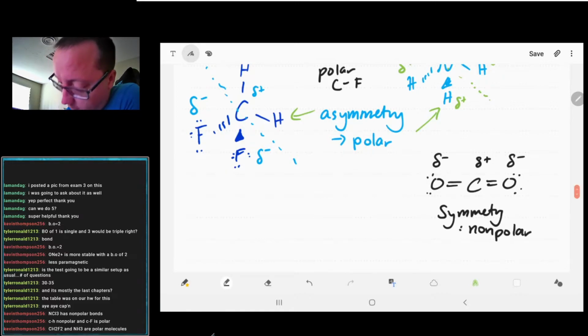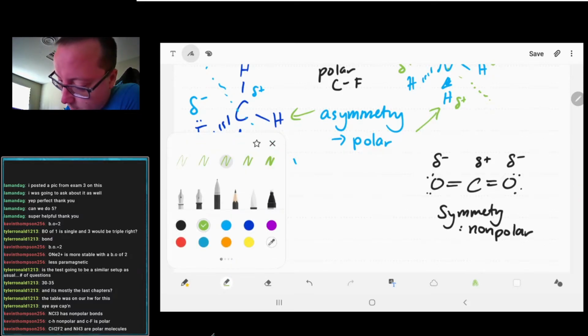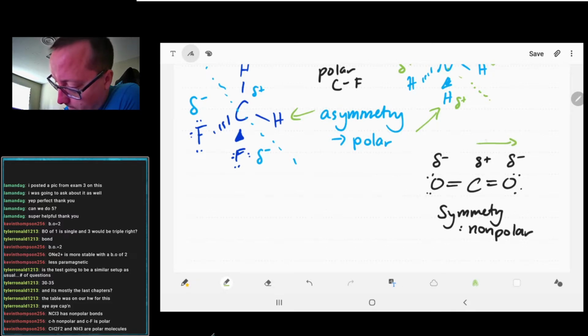So this molecule should not be polar. If we were to draw the dipoles, we would see that they would just cancel out with each other because they're just pulling in opposite directions.